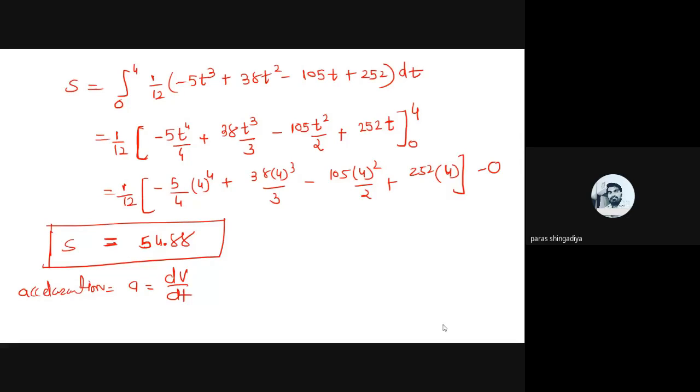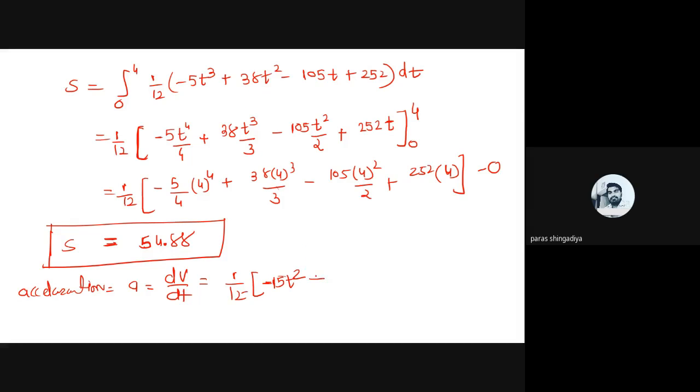Acceleration is dv by dt, and dv by dt is equal to d by dt of v. So find the derivative of the velocity equation with respect to t. That is equal to 1 by 12 in this bracket, minus 5t cube, the derivative with respect to t will be minus 15t square.